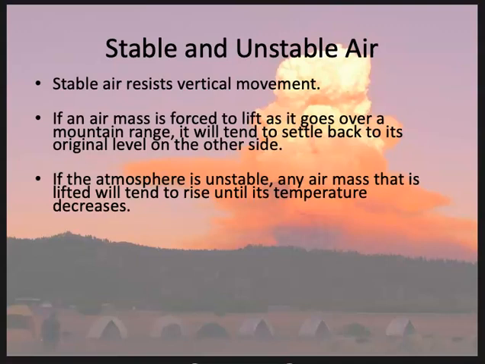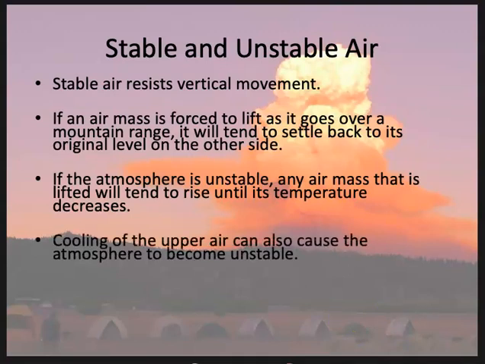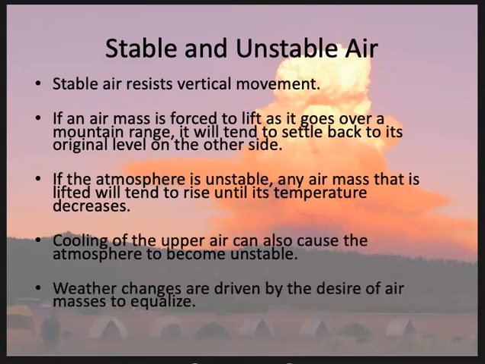And so we see a lot of hot air masses that go up against the mountains, and then they keep going, and we get these cumulonimbus formations, not pyrocumulus like the one in the picture in the background, but a true cumulonimbus will oftentimes happen on the edge of mountain ranges. The cooling of the upper air can also cause the atmosphere to become unstable. And the weather changes are going to be driven by the desire of the masses to try and equalize.